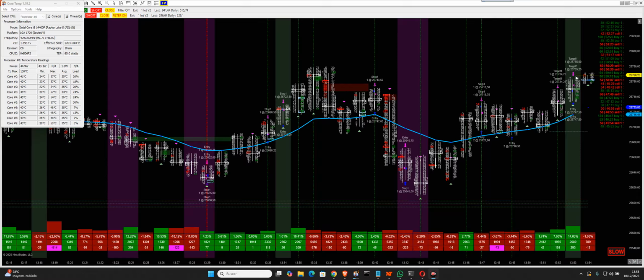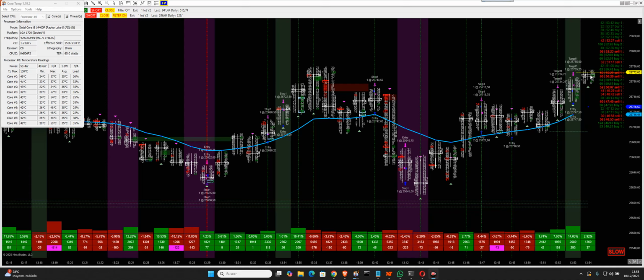Because what happens with the mini and the micro, the micro has a lot of volume, but dollar wise it's not the same. A mini is $5 a tick, a micro is 50 cents a tick. So it's 10 micros for one mini.